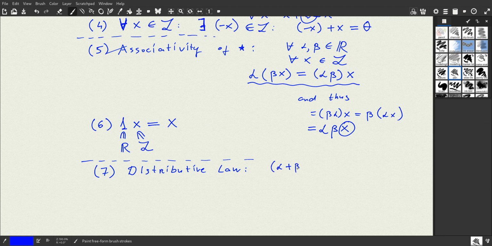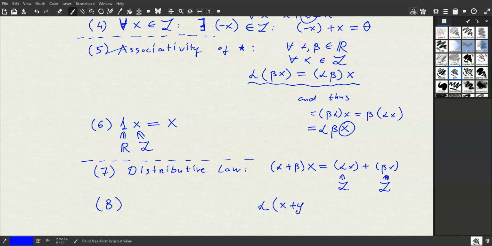Alpha plus beta, both real numbers, times x equals alpha x plus beta x, where alpha x and beta x are elements of our linear vector space. And conversely, another distribution law, alpha times x plus y equals alpha x plus alpha y.